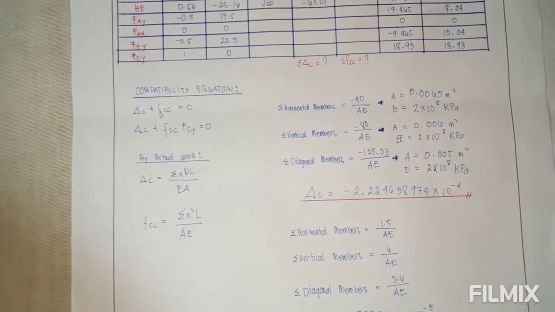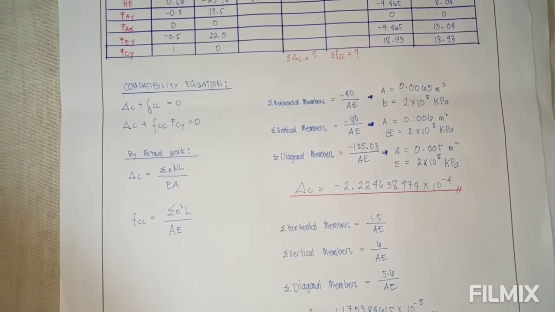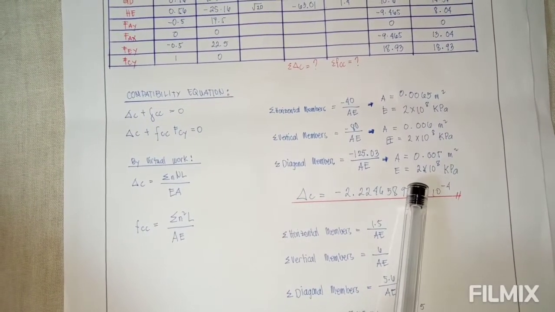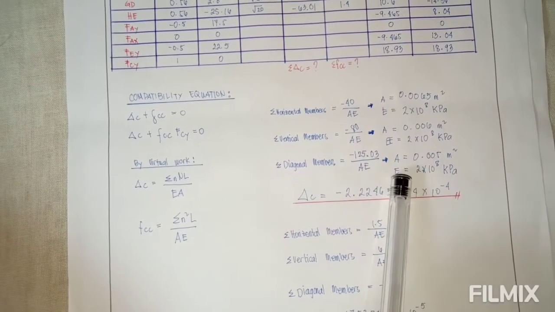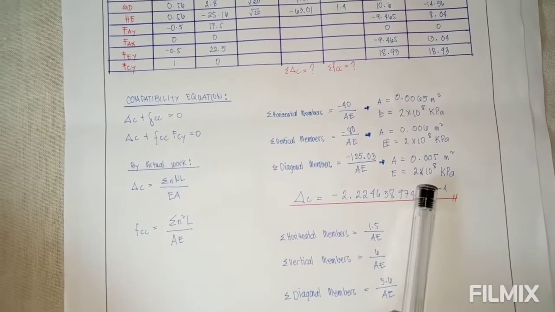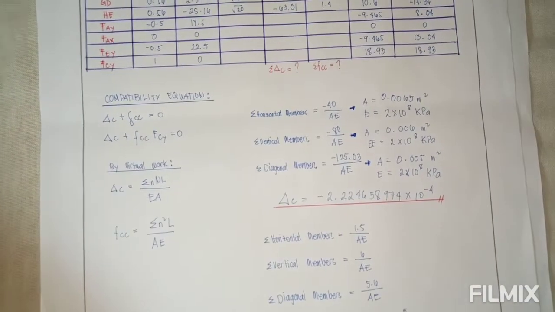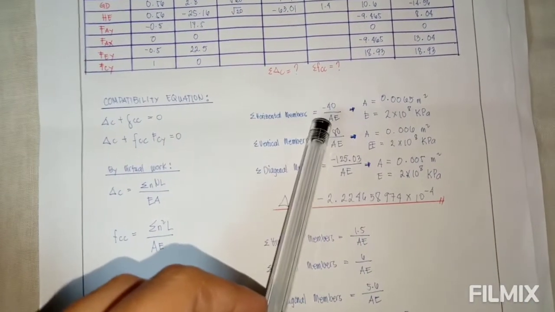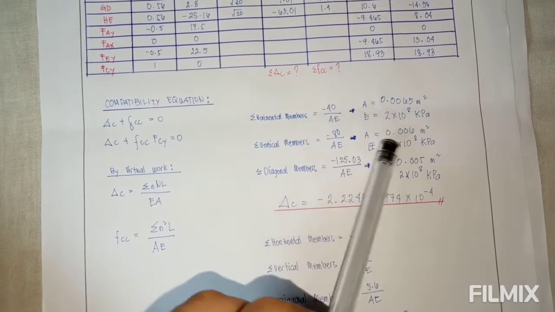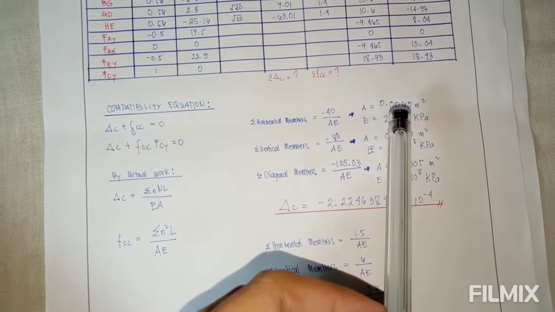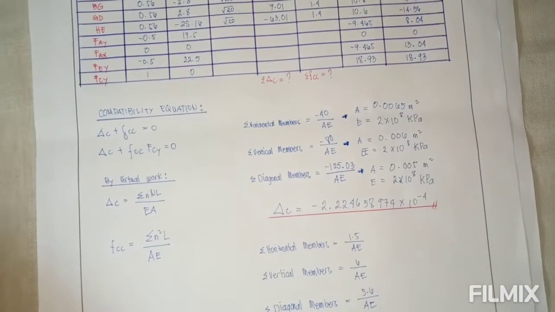And then we have a separated summation of horizontal, vertical, and diagonal members of the truss in order to obtain the value of delta C. So we have the summation of horizontal members, negative 40 over EA, with a cross-sectional area of 0.0065 m squared.